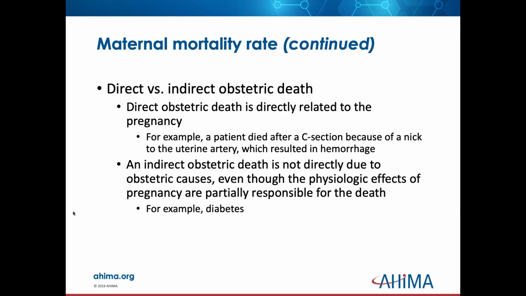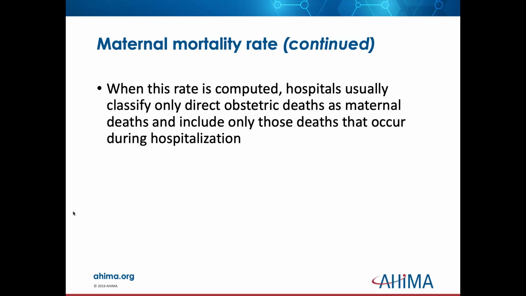Direct versus indirect obstetric death. Direct means it's directly due to the pregnancy, that maybe they had some type of fluid embolism. An indirect cause would be that maybe she had type 1 diabetes and that was the cause. So again, when you're thinking direct versus indirect, be thinking about what was involved in the pregnancy and the death.